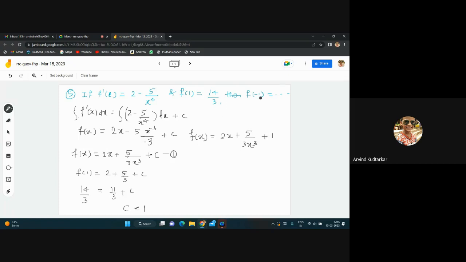Now next, to find f of minus 1: we have got the function which is free from the constant of integration. This is possible under the condition f of 1 is equal to 14 by 3, so we found the value of c. If the value of the function were not given, in that case take the value of the constant of integration as 0. Okay.